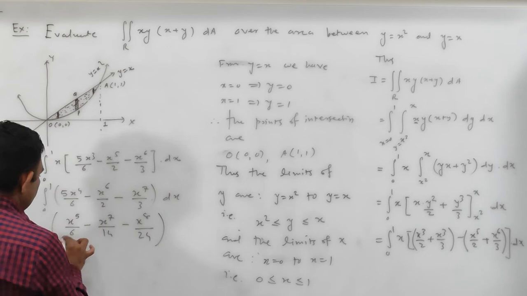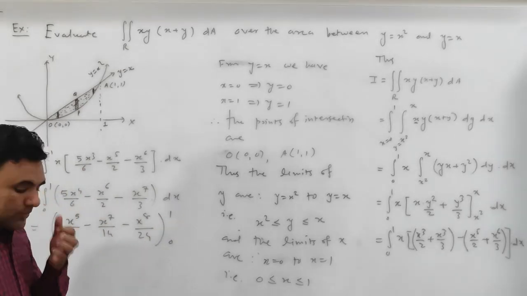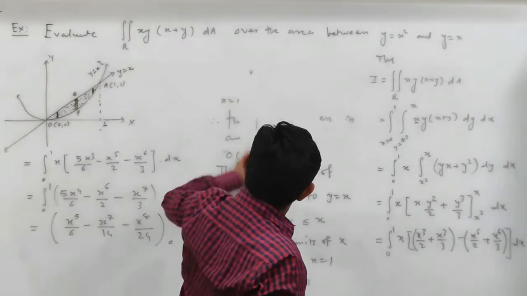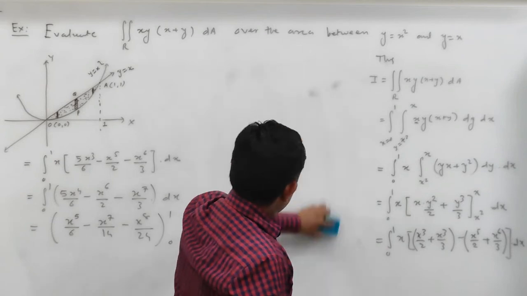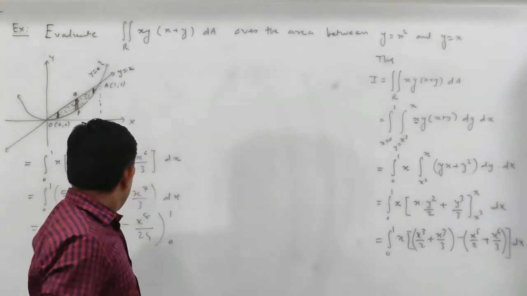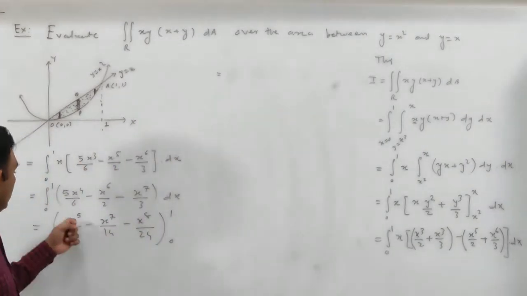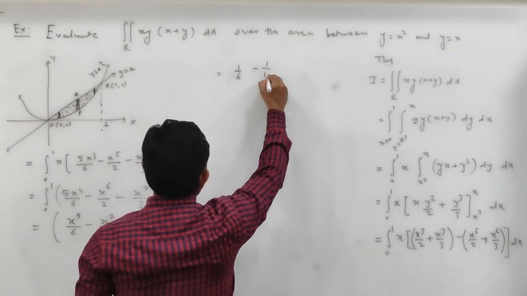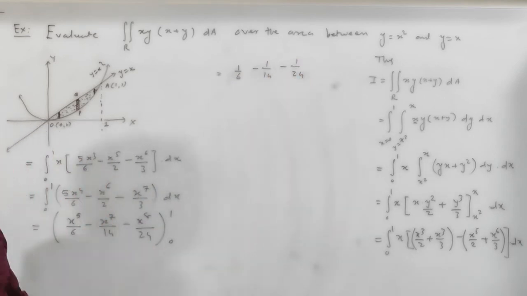That's it, from 0 to 1. Now you just substitute the upper limit and lower limit. Putting 1, it is 1 by 6 minus 1 by 14 minus 1 by 24, and due to 0 all the terms will be 0.